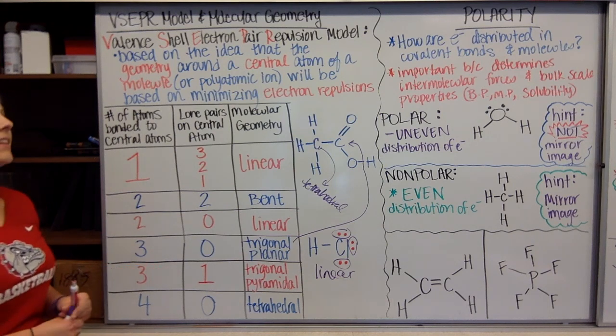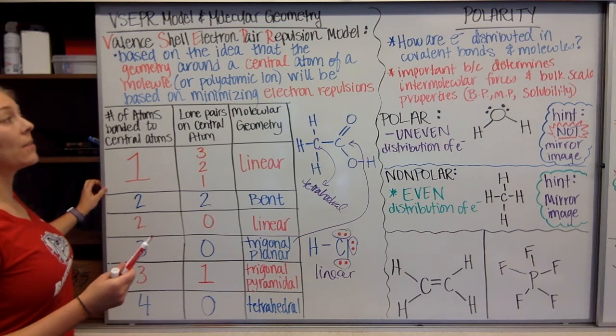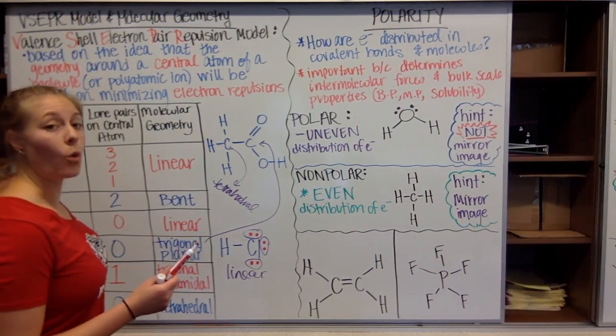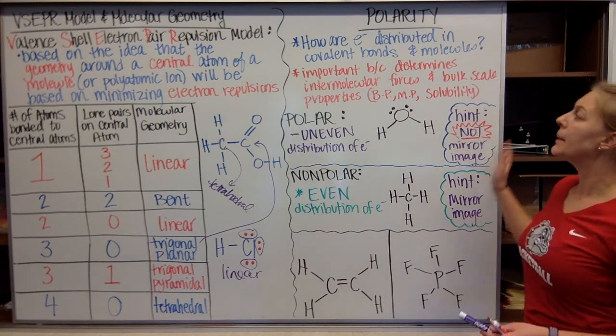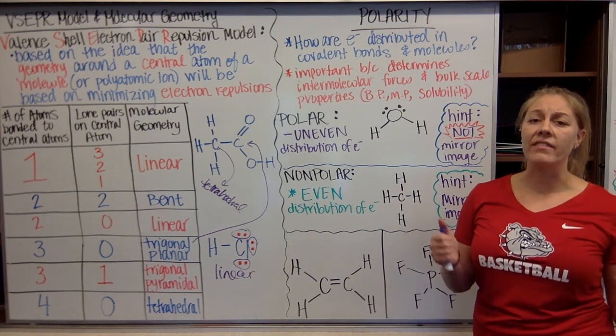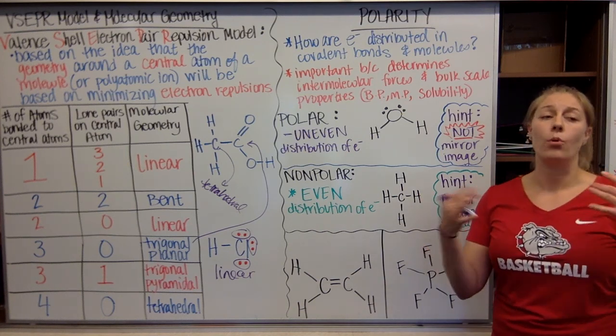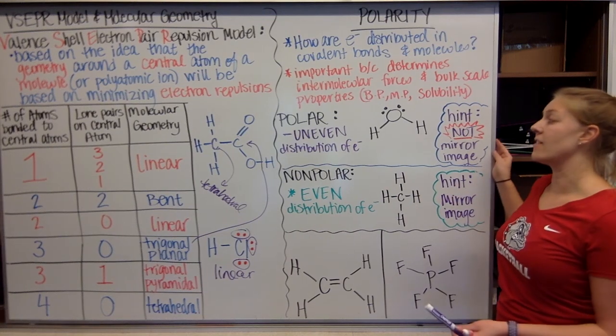Now the last part of it is looking at polarity, and this is how the electrons are distributed in the molecule. Are they evenly distributed or not? Is part of the molecule pulling the electrons stronger to it? This is important because it's going to determine intermolecular forces and bulk scale properties like boiling point, melting point, solubility, surface tension. We're going to get to see those in a couple of classes as well.